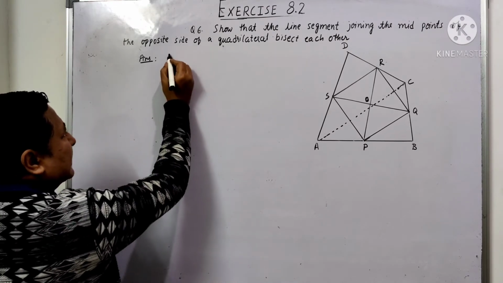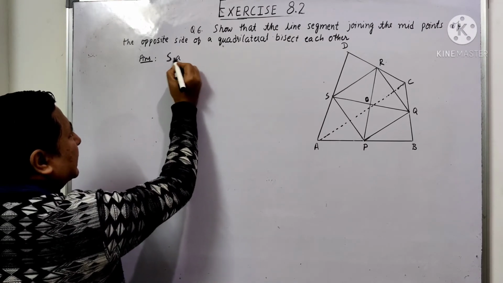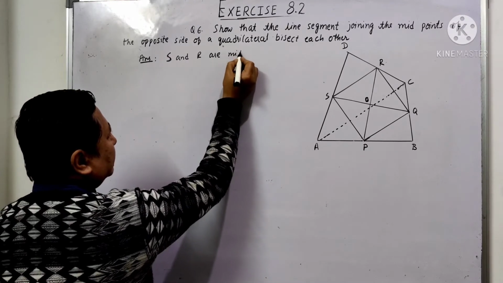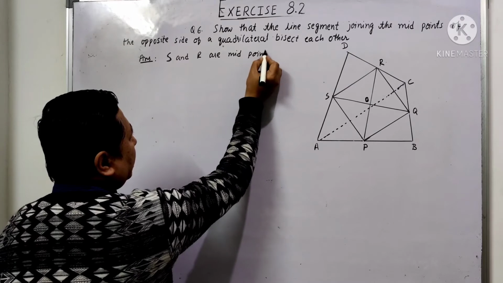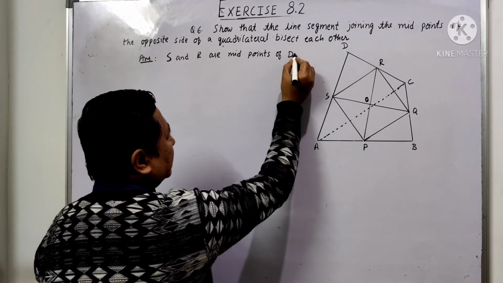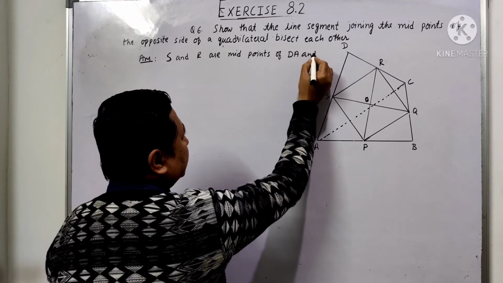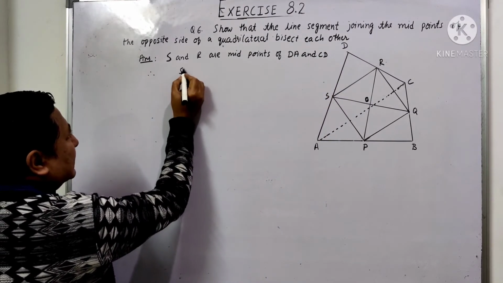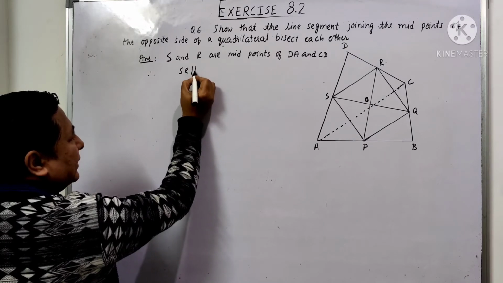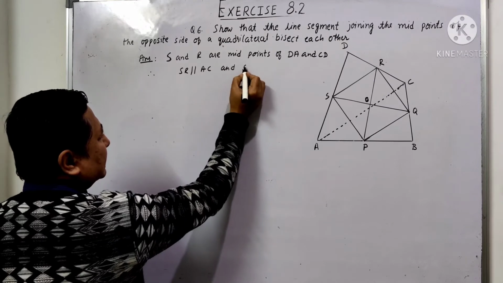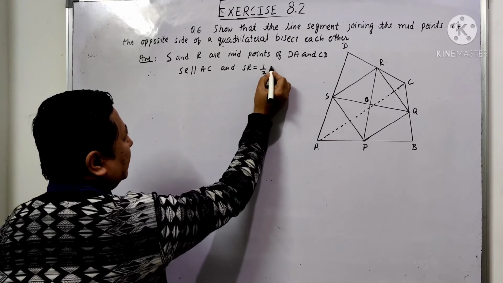Now in this question S and R are midpoints of DA and DC. Therefore SR will be parallel to AC and SR will be half of AC.